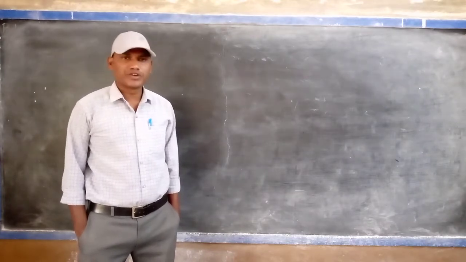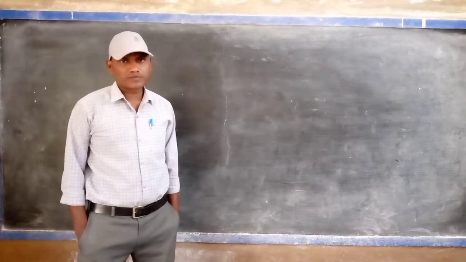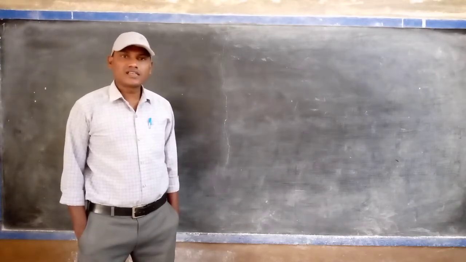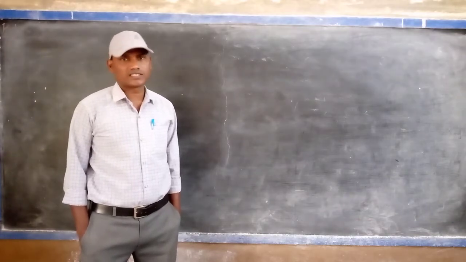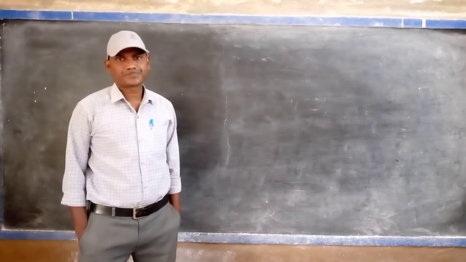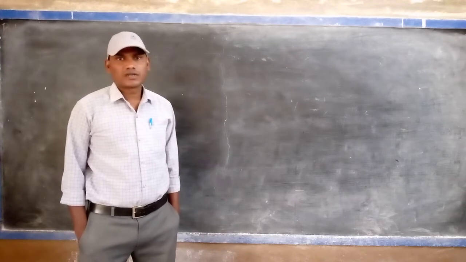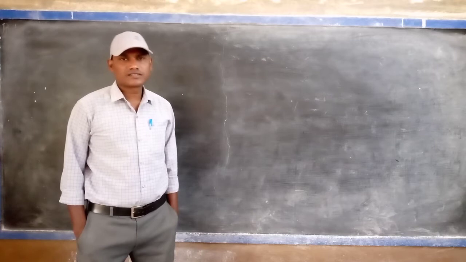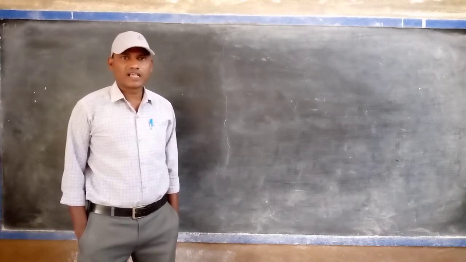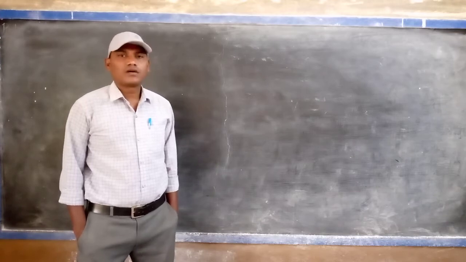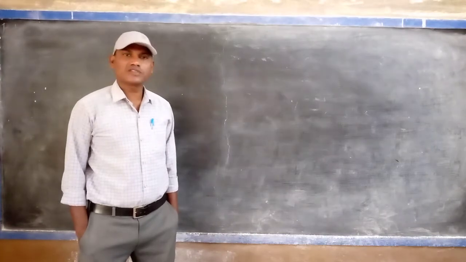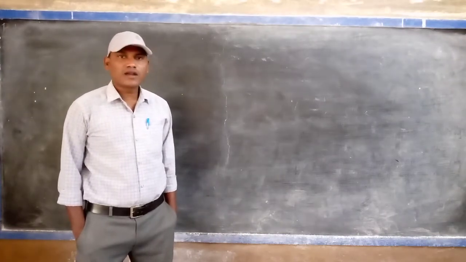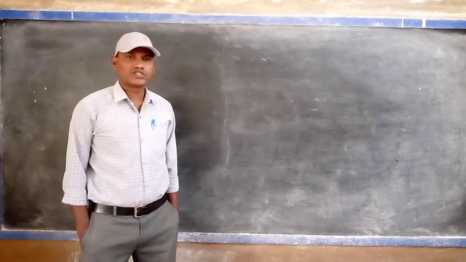Today, in this part 2 video, I would like to explain the other celestial objects belonging to our solar system, such as comets, meteors, meteorites, and finally we discuss another general topic: what is an artificial satellite, how many types are there, what are their names, and what are the uses of artificial satellites.